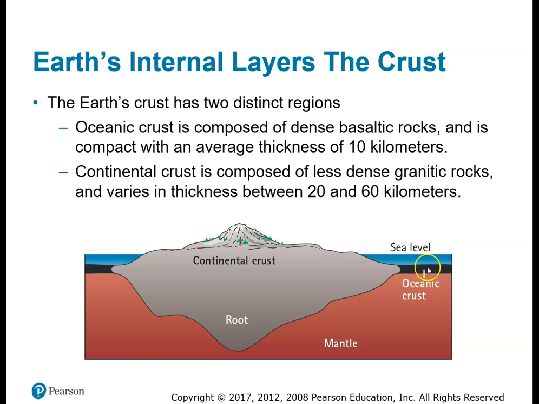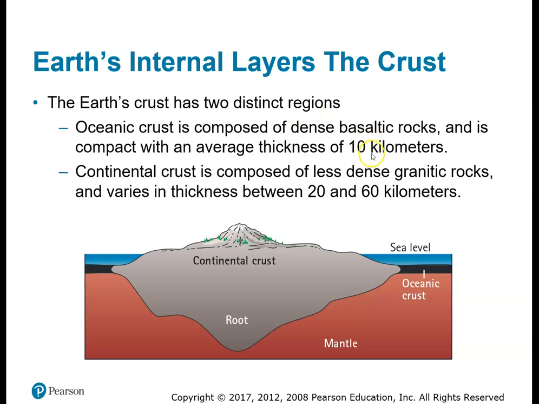Where the crust at the bottom of the ocean is of course always made of basalt. So two distinct regions: the ocean crust and the continental crust.